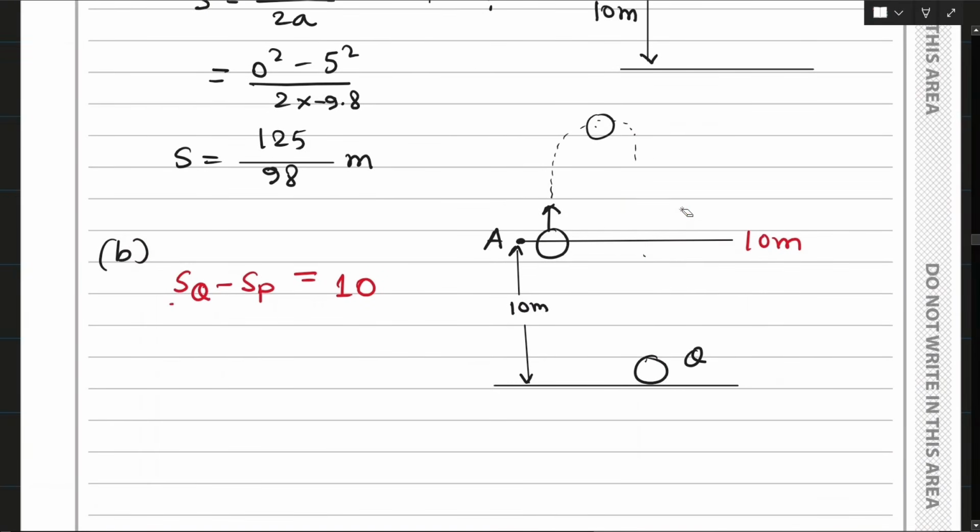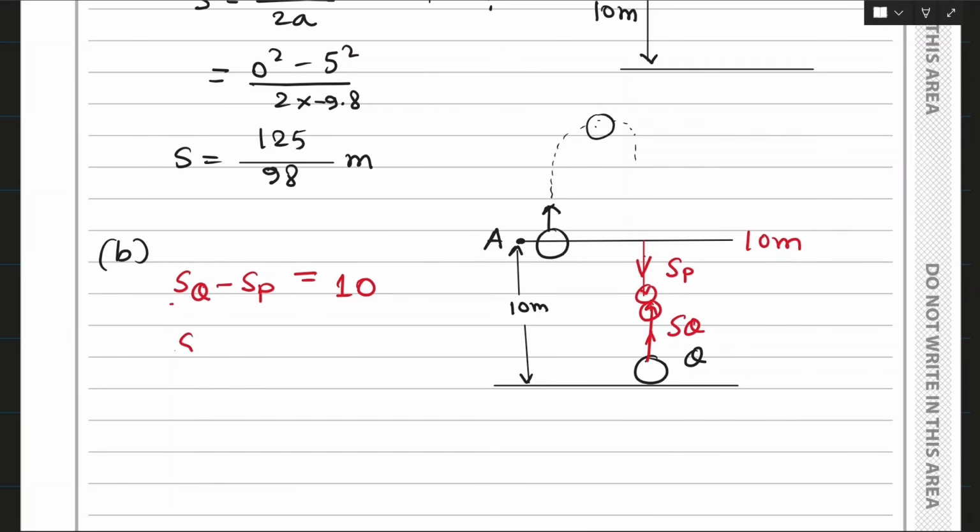In the same way, let's consider when the particles are colliding below the 10 meter line. The displacement of particle P would be this, and the displacement of particle Q would be this. In this case also, SP is pointing downwards and SQ is pointing upward. So adding them together gives us 10.